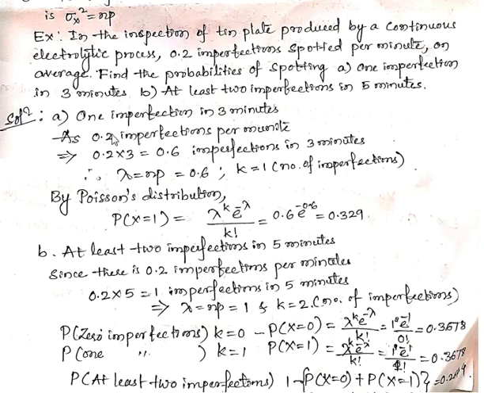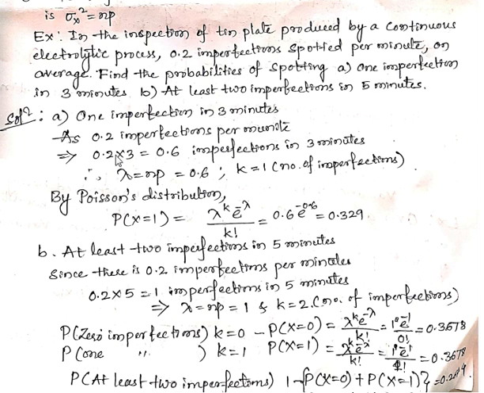So let's find 1 imperfection in 3 minutes. In this, we need to get the values of lambda and k. Here 0.2 imperfections per minute is nothing but the p value, and we are given 3 minutes.